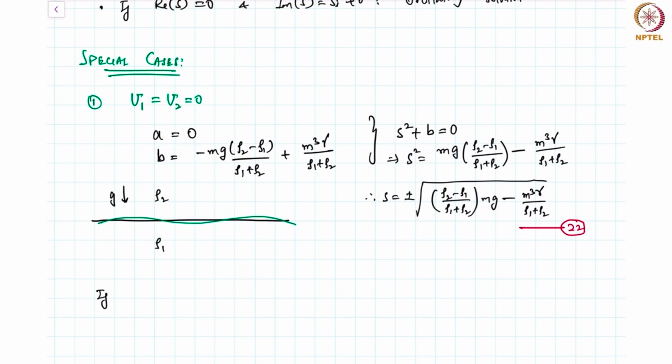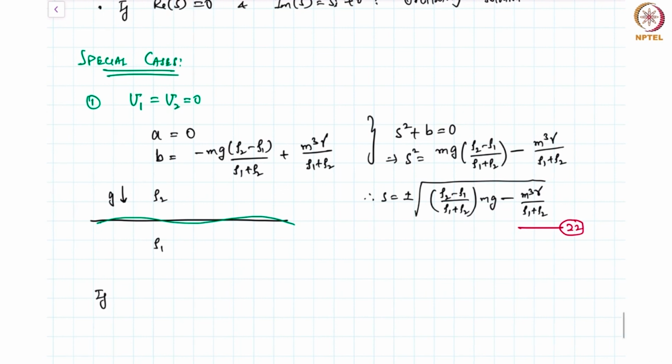Now, if rho 2 is less than rho 1, right? If the upper fluid is lighter, then S is nothing but plus or minus a square root of a quantity which is always negative. Because notice that it is rho 2 minus rho 1. If rho 2 is less than rho 1, the first quantity is negative.